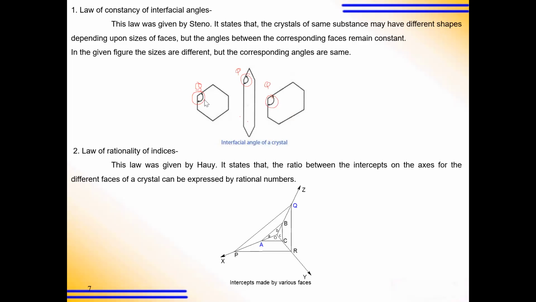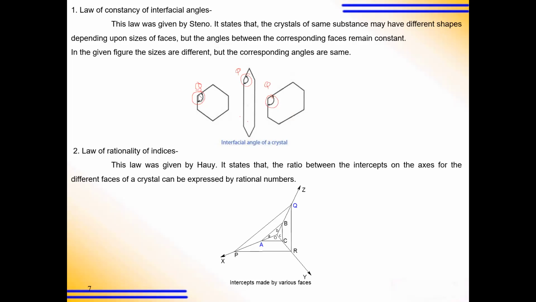This law is given by Steno, and it states that crystals of the same substance may have different shapes depending upon the sizes of their faces. Here one size is different, another size is different, and this one is very different. So they differ depending upon the sizes of faces, but the angles between corresponding faces remain constant.